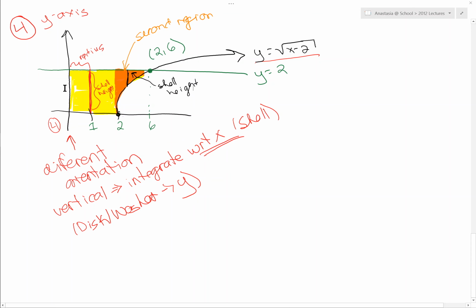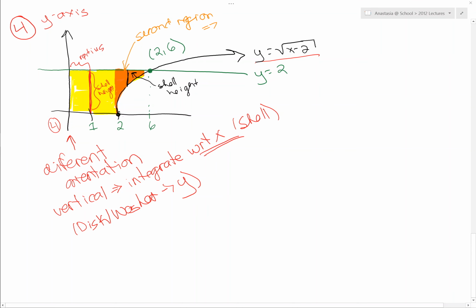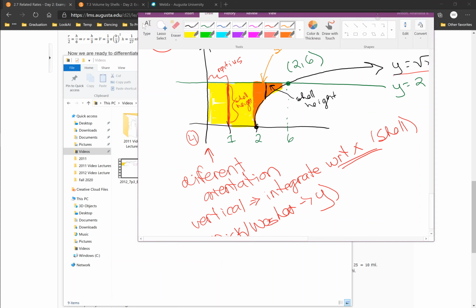So we're going to have to set up two integrals for this region. To take this region and rotate it around the y-axis, we're going to need two integrals.